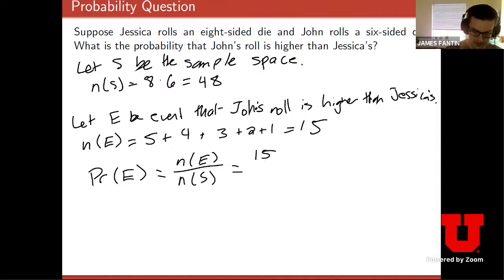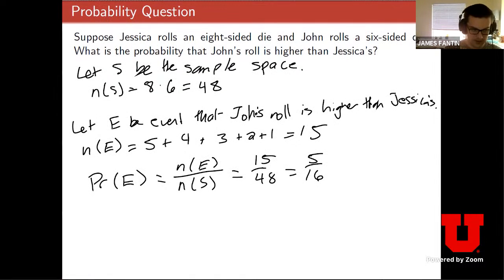So it's just 15 over 48, which if you wanted to simplify would be 5 over 16. So any questions on how we did this problem? Or were any groups thinking something different than what we described here?